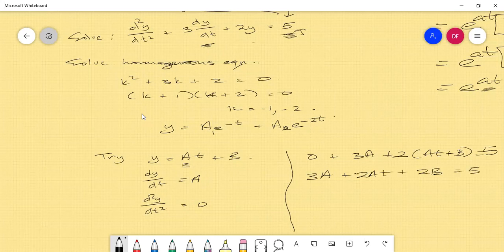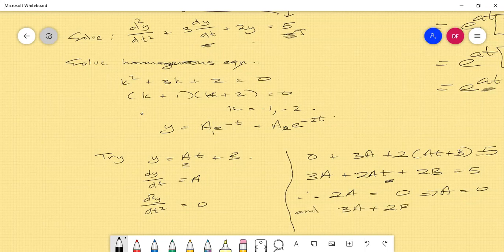Now, immediately, there's no t on the right hand side of the equation. So immediately 2a must be equal to 0. That implies that a equals 0. And so 3a plus 2b, the constant terms, must be equal to 5, which gives me that 2b must be equal to 5 since a equals 0.